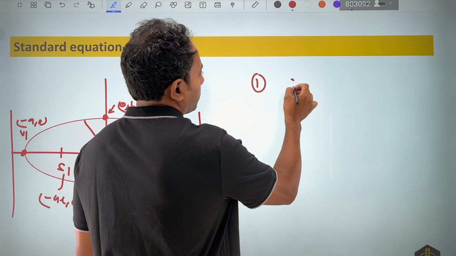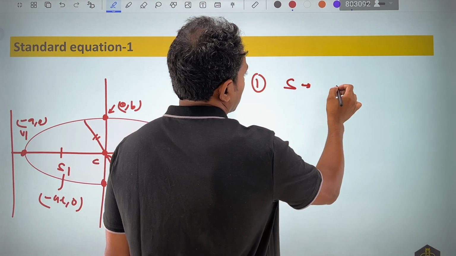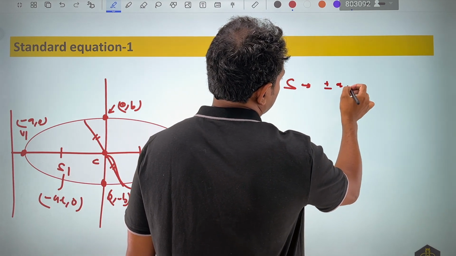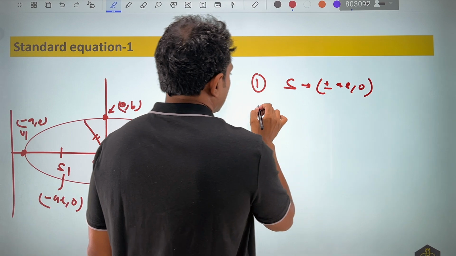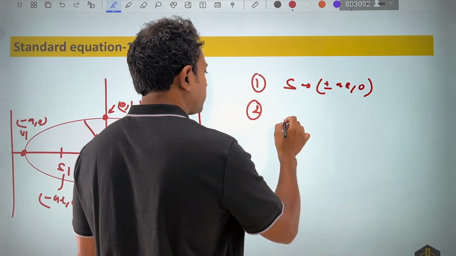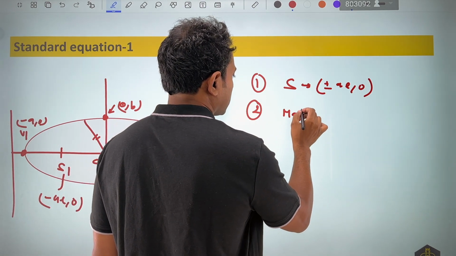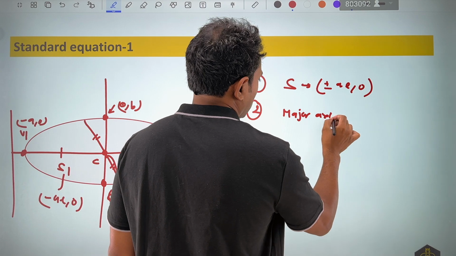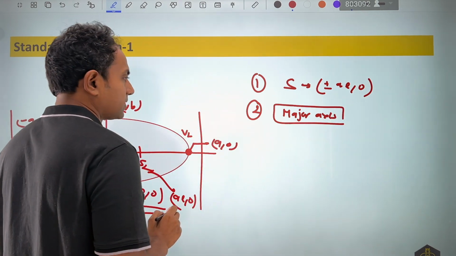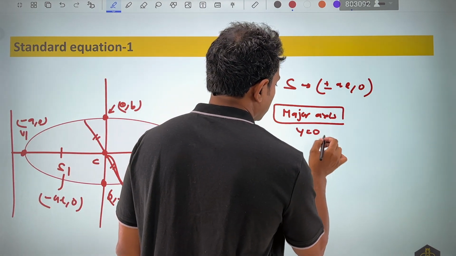One, if I look into the foci, it is plus minus ae, 0. If I look into major axis, it will be nothing but x-axis in this case, and the equation will be y equal to 0.